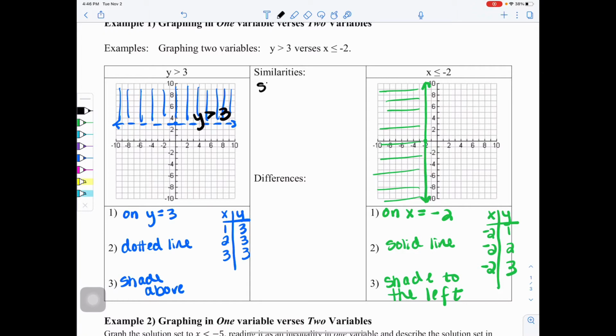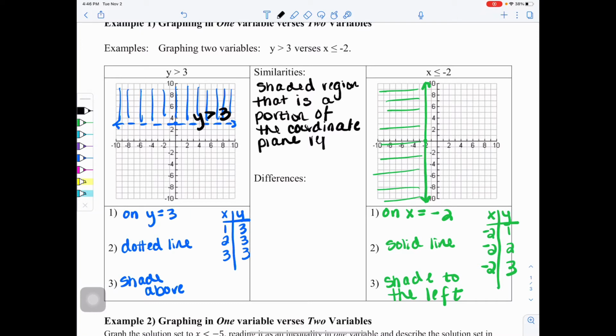So I'm going to say shaded region that is a portion of the coordinate plane represents the solution. That's the case in both situations.